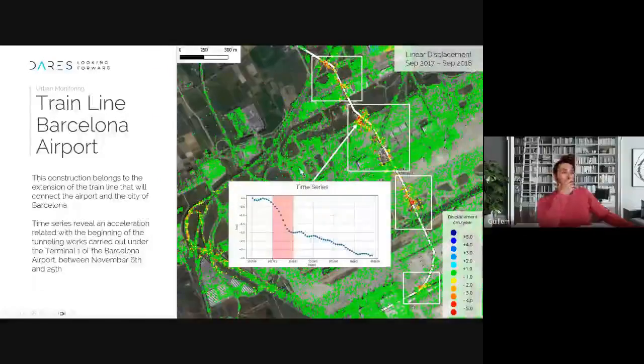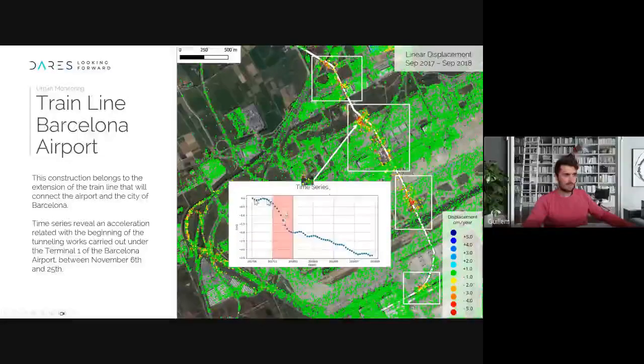And not only do you get velocities of displacement, since we are using a stack of images, you are also getting the spatial evolution of a given point, or the spatio-temporal evolution of an area. From here you can start playing with time series, with InSAR, with the evolution of displacement in the terrain, and identifying trends.